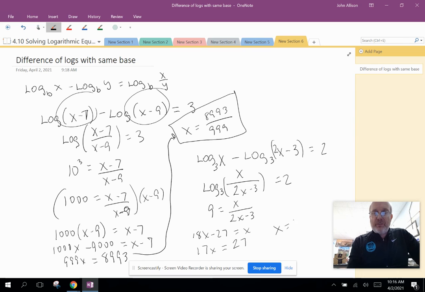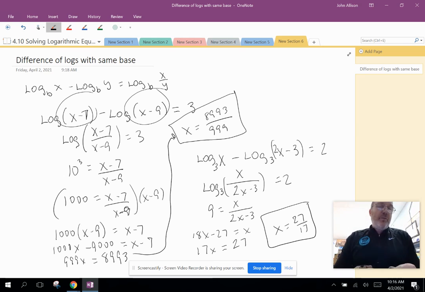So x equals 27 over 17. Let's make sure that 2 times that is bigger than 3. So 2 times 27 divided by 17 is 3.176. So that is definitely going to give us a positive number here. It's a positive number here. This is a valid solution.